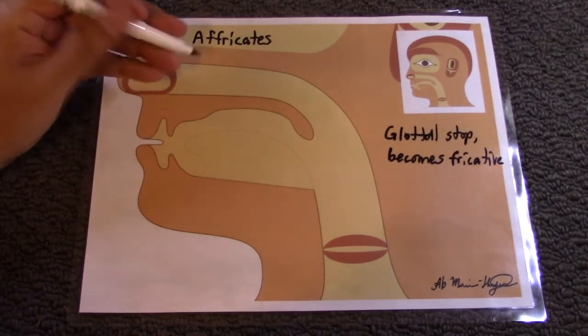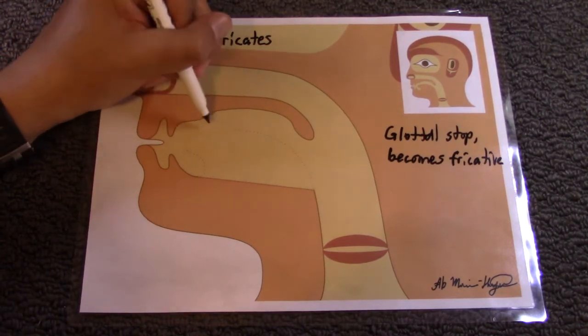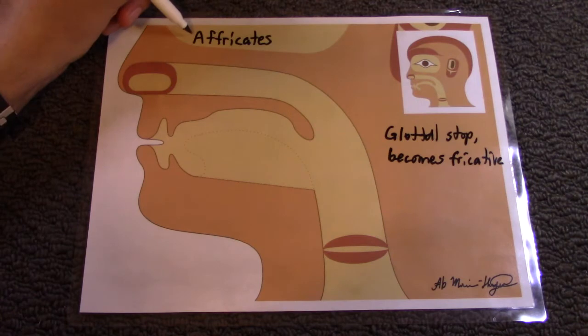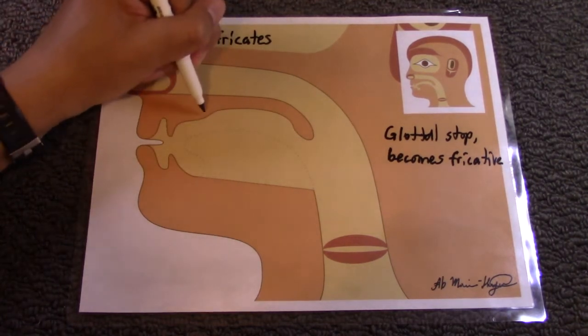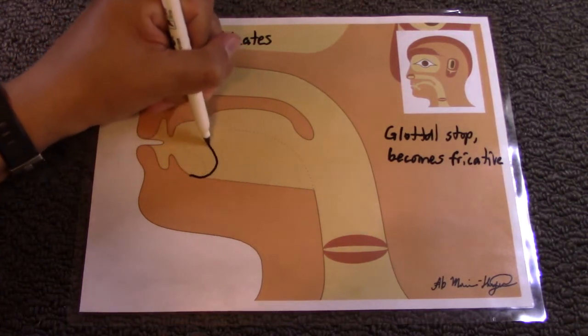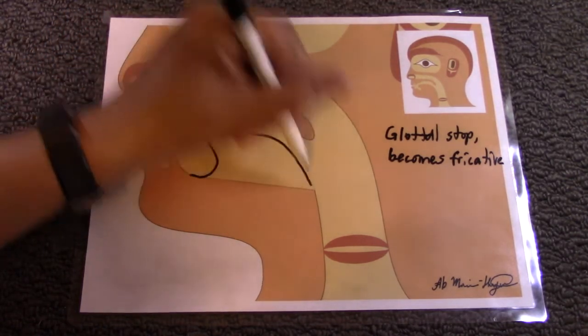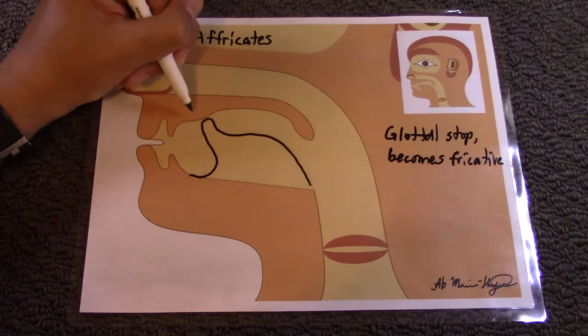So the first letter we're going to take a look at is Z. Now, these are usually referred to as alveolar affricates because it involves using our alveolar ridge here. So we're taking our tongue, pulling it up towards the little bump behind our upper front teeth.